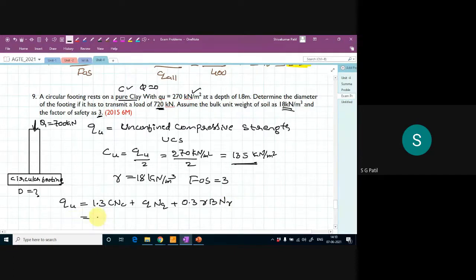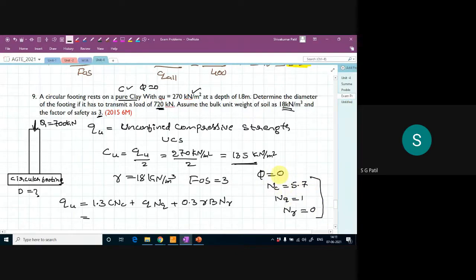See, for phi equal to 0, in this case you should remember, Nc is around 5.7, Nq is equal to 1 and N gamma is equal to 0. These details will not be given, because for phi equal to 0 you should remember.